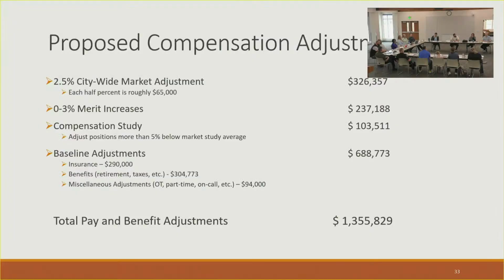Jim, do you want to touch base real quick? We talked about health insurance last time, but no changes there, and no changes here either from what we talked about last time, unless anyone has any questions. Again, this would be the 3% merit like we've done, 2.5% COLA. That's one thing that was different, I thought.